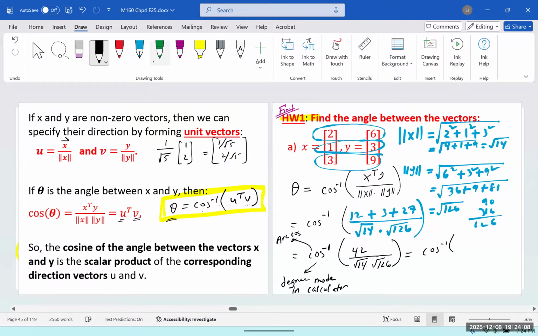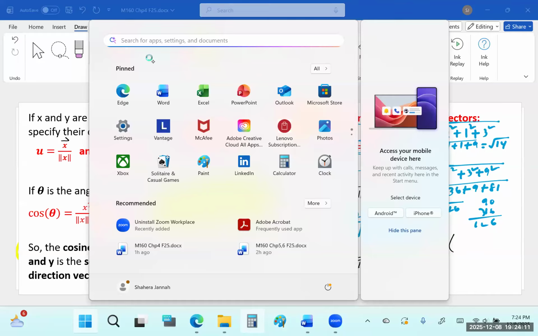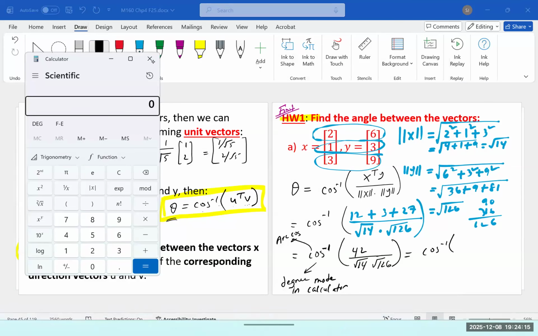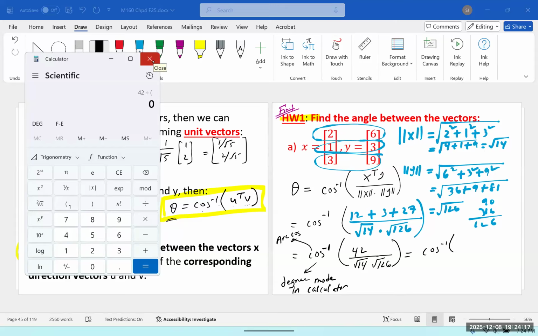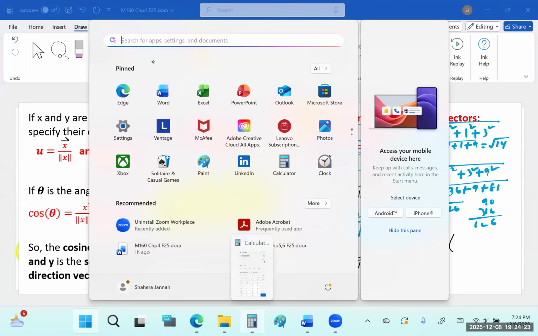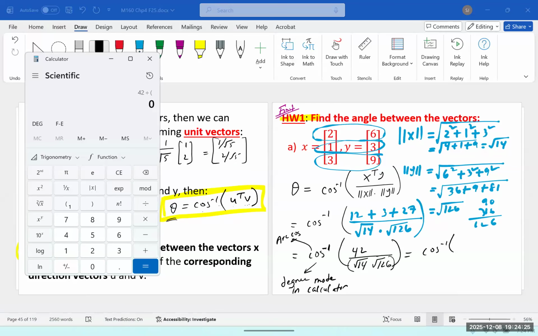So you need to know how to find cosine inverse in a calculator. Cosine inverse of 42 divided by, since the denominator has 2 elements, you need to put parentheses: square root of 14 times square root of 126, close it, and then we get 1.